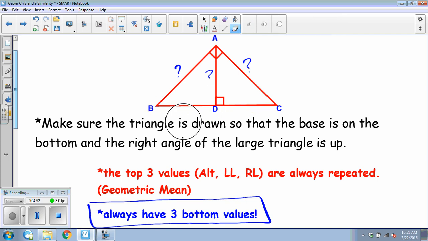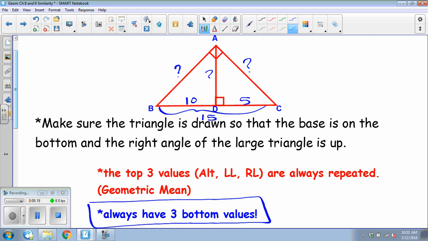If they tell you that this is x and the whole thing is 20, what's this? 20 minus x. Did I lose anybody? Okay, so let's put real numbers in it. Let's pretend it's not x. If they tell you this is 10 and the whole thing is 15, what's this? 5.